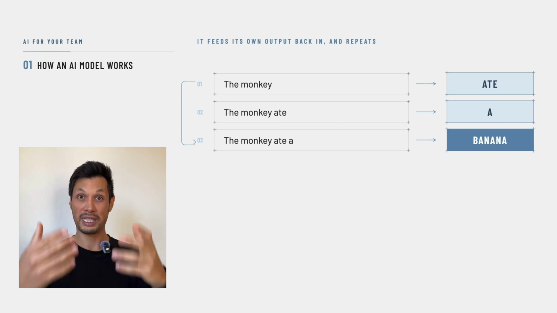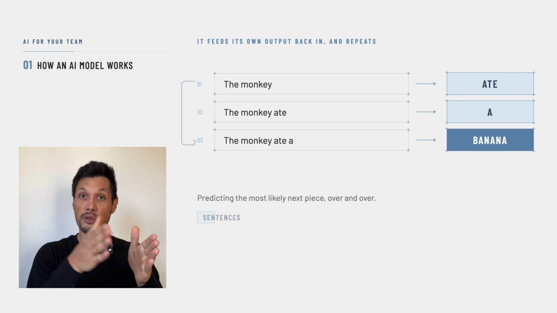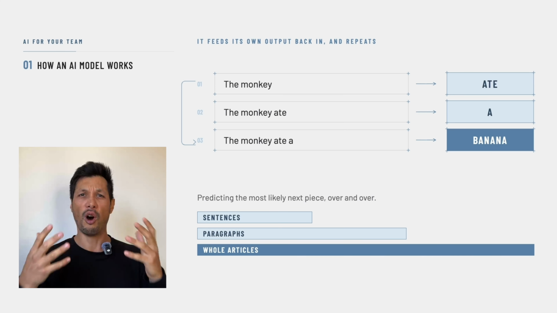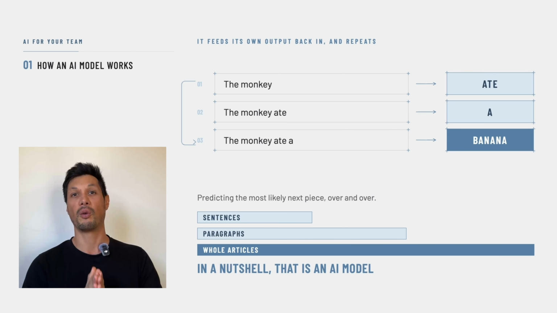And then by predicting the most likely outcome of the next piece of information, it's able to build very complex sentences or paragraphs or whole articles for you. And in a nutshell, that is how an AI model works.